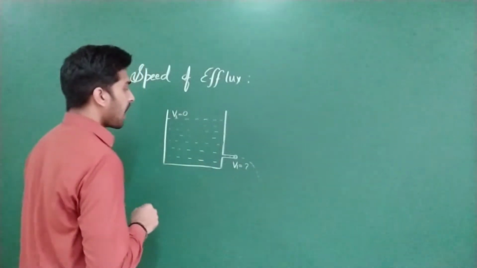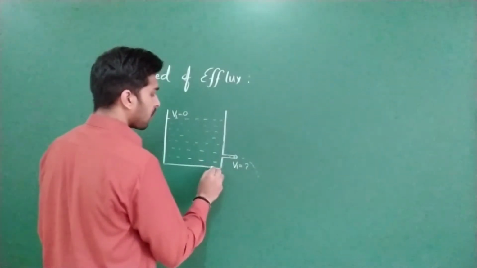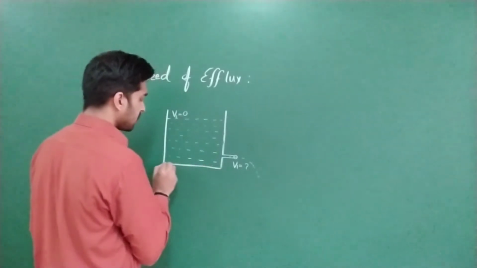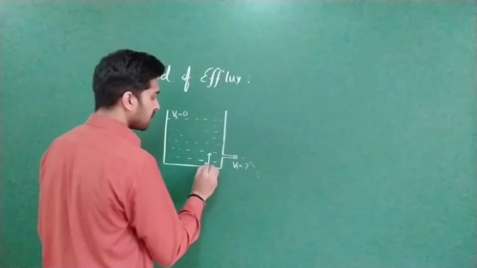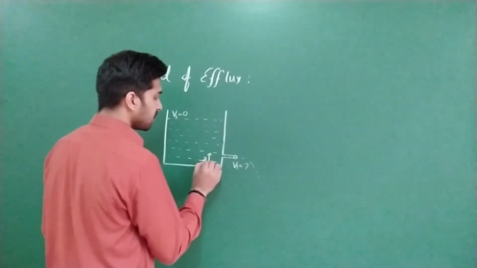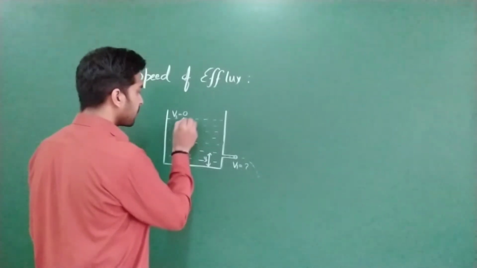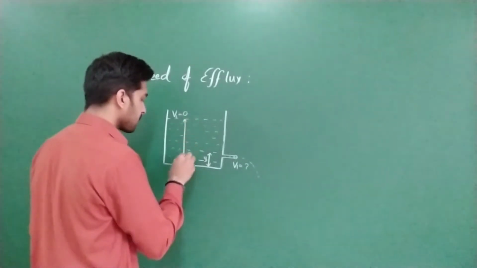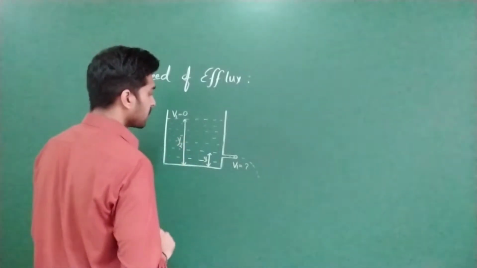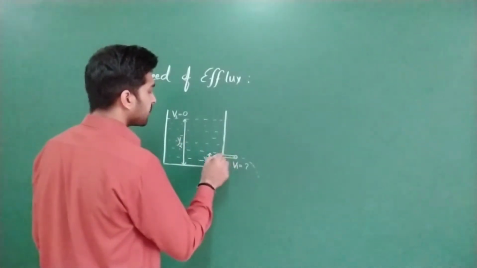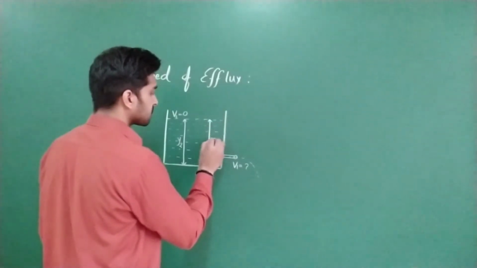Clear? And let us suppose from this complete base to this outlet, let this distance be y1, and from the base to the complete free surface, let us assume this as y2, and the distance between the outlet and the free surface is nothing but h.